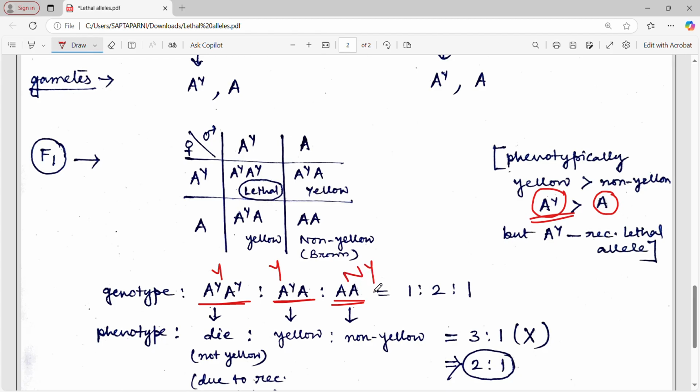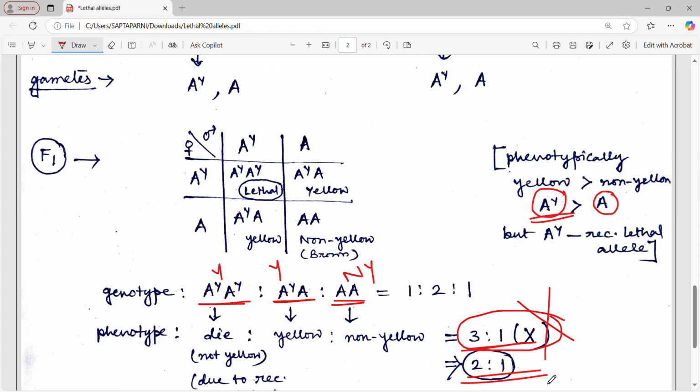I am talking about phenotype. So the yellow to non-yellow ratio should be 3:1. But in this case, Cuénot found that the ratio is not 3:1, rather the ratio is 2:1. So what happened? Why is it 2:1, not 3:1?